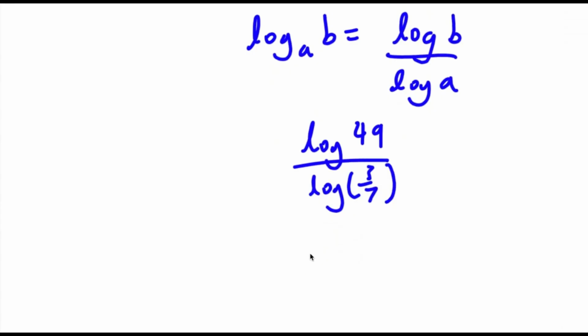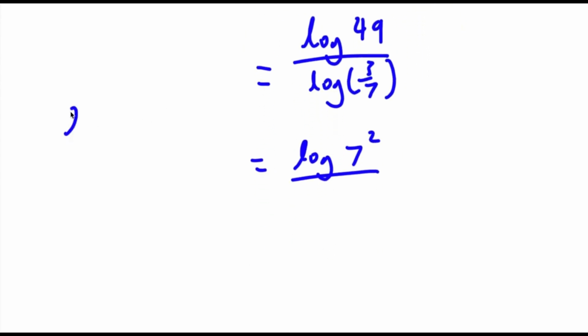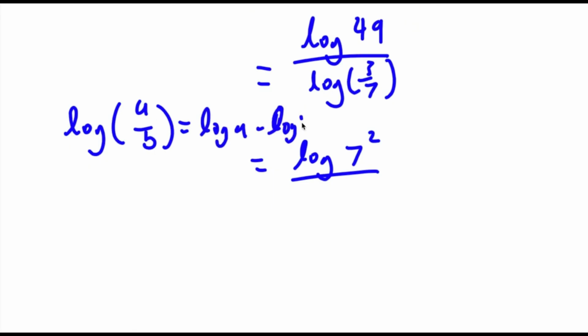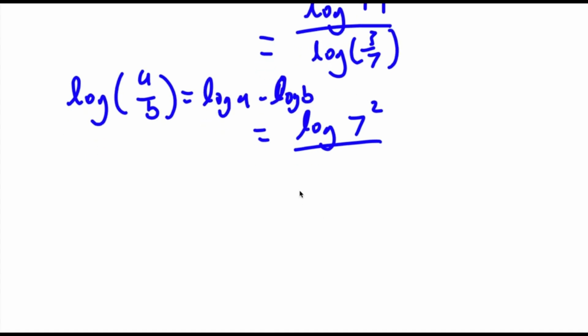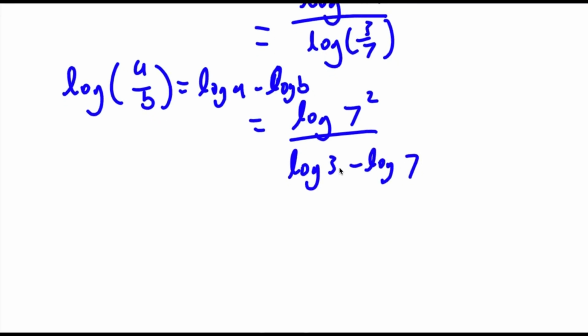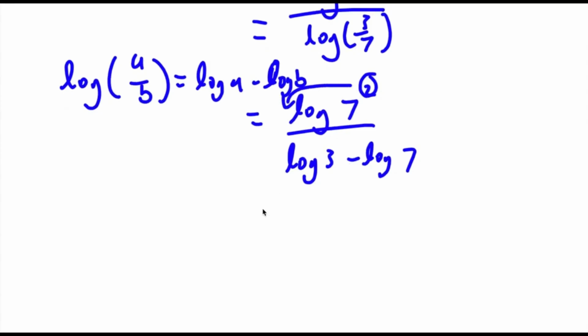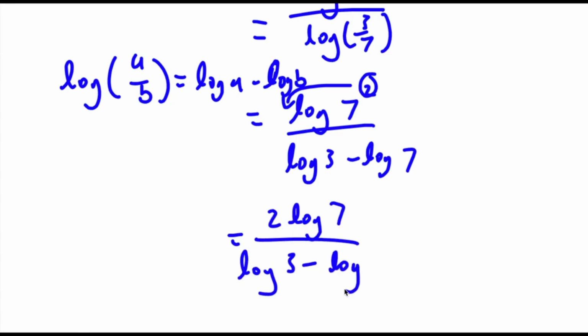Now 49 is the same as 7 squared, so now I have log 7 squared over, if I have something in the form log of a over b, this is equal to log a minus log b. So log 3 over 7, that's going to equal log 3 minus log 7. Now I can go ahead and move this exponent to the front, so now I have 2 times log 7 over log 3 minus log 7.